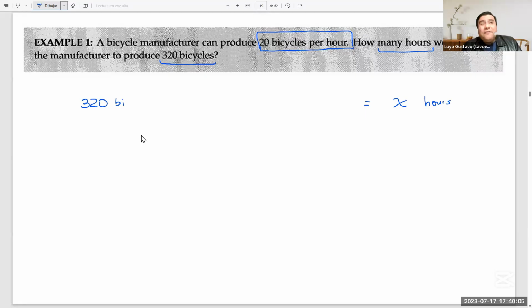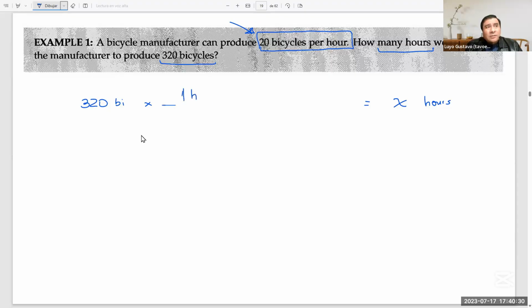How can we find the correspondence between the bicycles and the hours? Simply by using the conversion rates that appears here in the statement prior to the question. If we multiply this by this, we can say, in 1 hour, how many bicycles are produced?